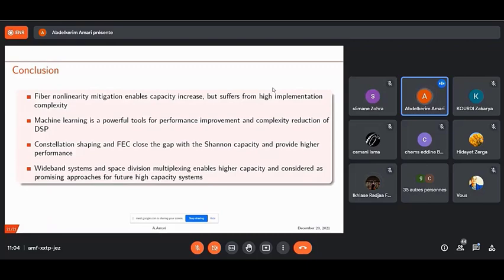And wideband systems and space multiplexing enable higher capacity than the other approaches and are considered a promising approach for future high capacity systems. That's all from my side, and thank you very much for your attention, and I'm happy to answer your questions.